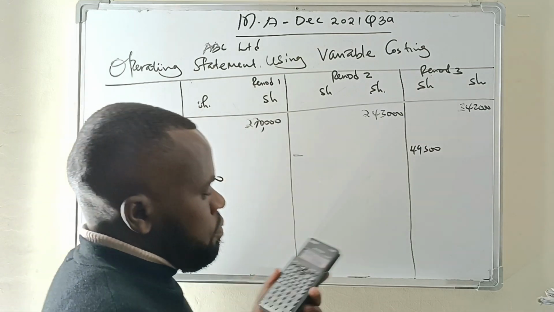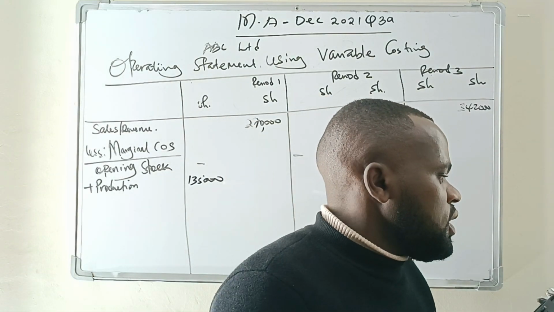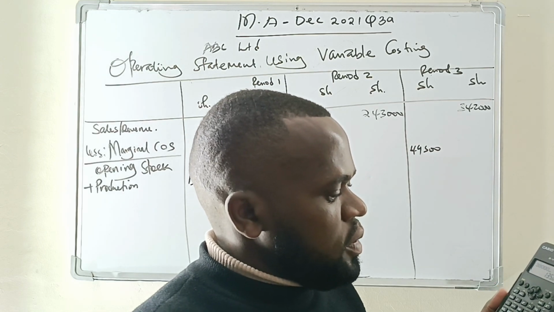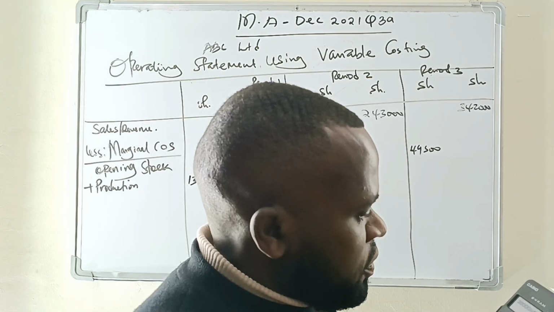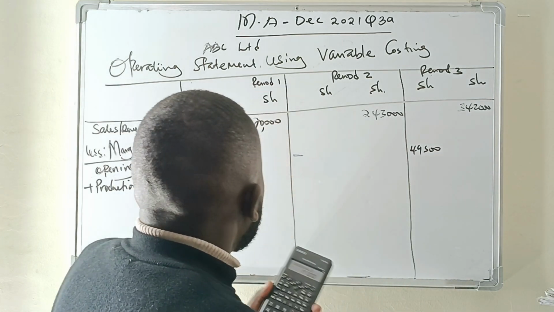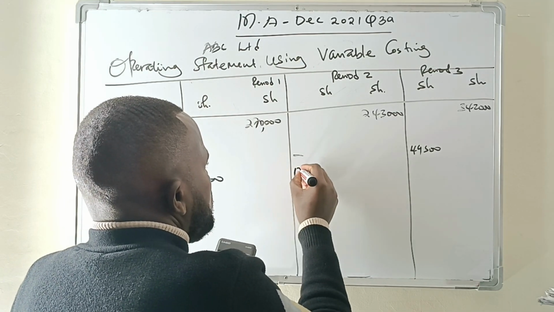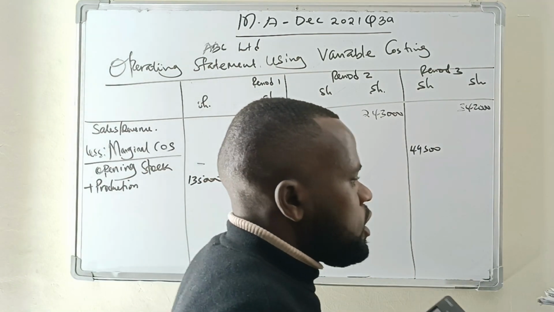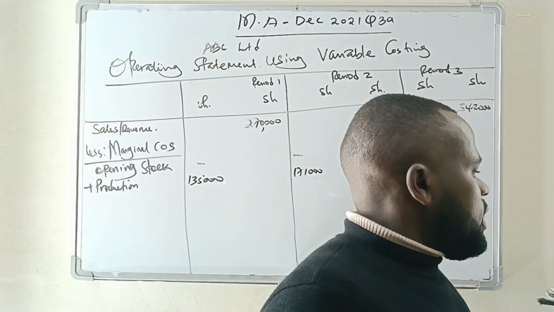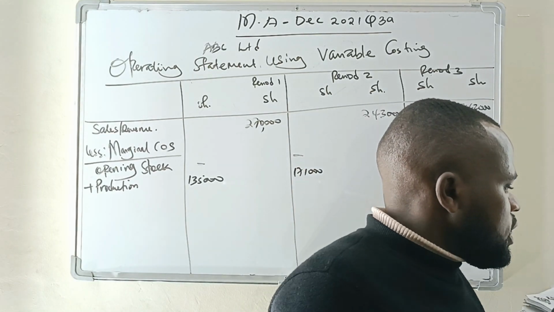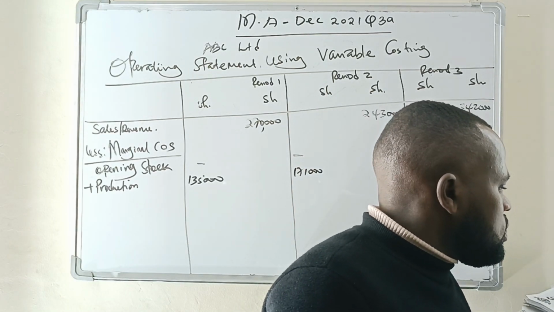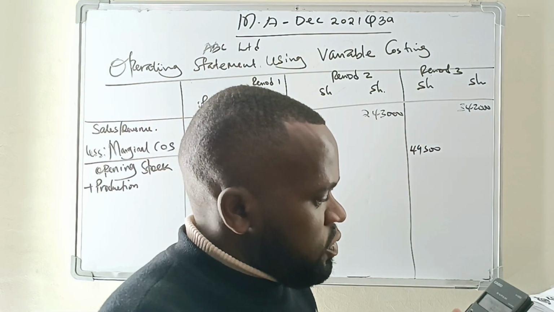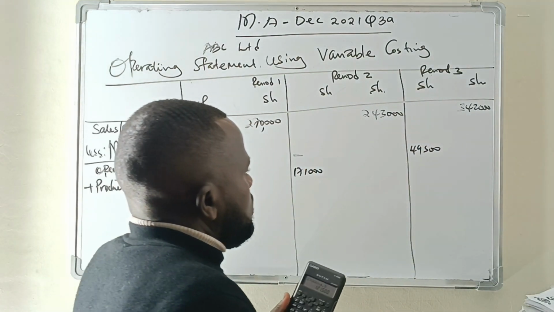Period 2, the production is 38,000. Multiply by 4.5, you will get 171,000. Period 3, we produced 27,000. 27,000 times 4.5 gives 121,500.